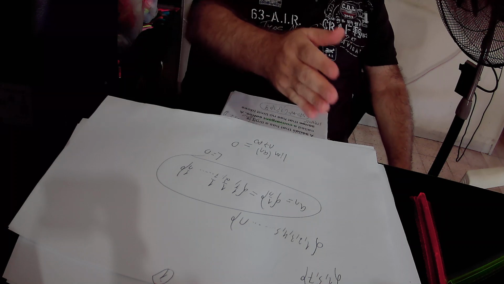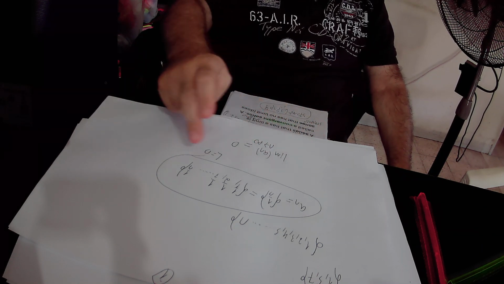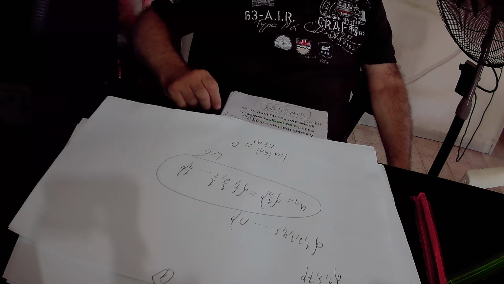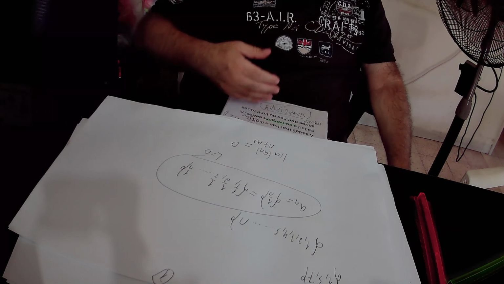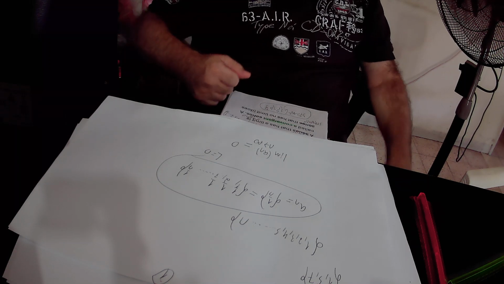Therefore, the limit of this sequence, an equals 1 over n, is 0.